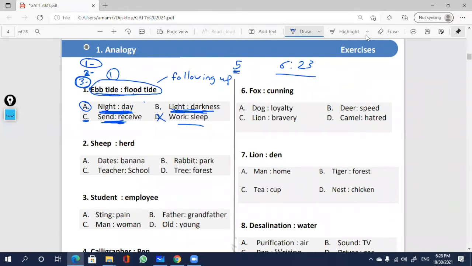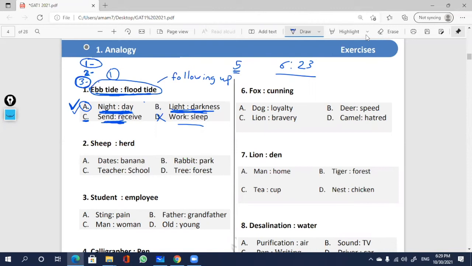Also here, ebb tide has another relationship, following up, because ebb tide follows flood tide, and flood tide follows ebb tide, as night follows day, and day follows night. So this is the best answer. It's A. Also, as Mshari mentioned, they are in the same category, related to nature. So this is the correct answer.